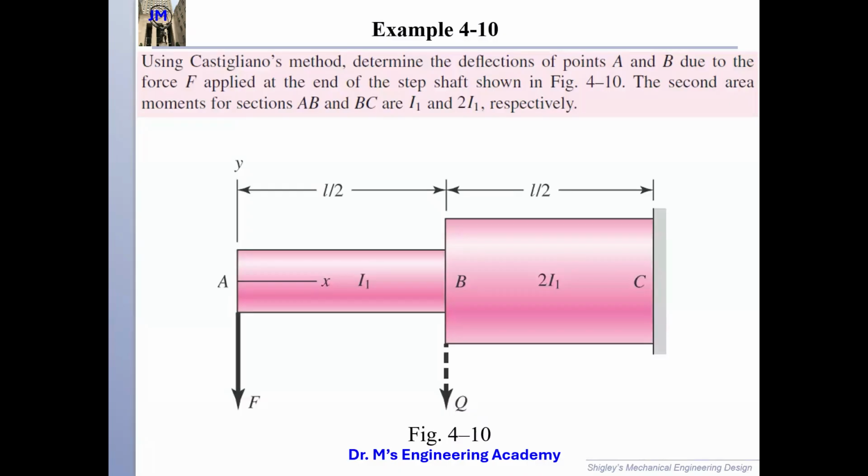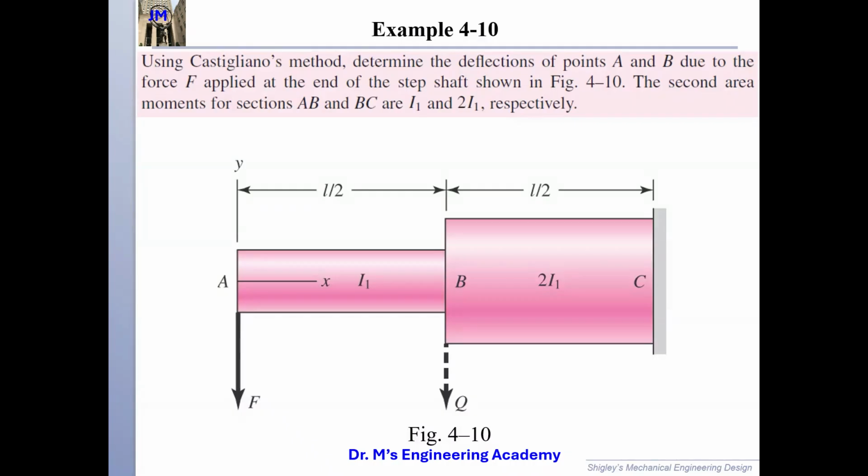From 0 to half L, we have 1 over EI_1 times the integral, and then plus from half L to L, this is EI_2 times the integral. Are you guys okay?